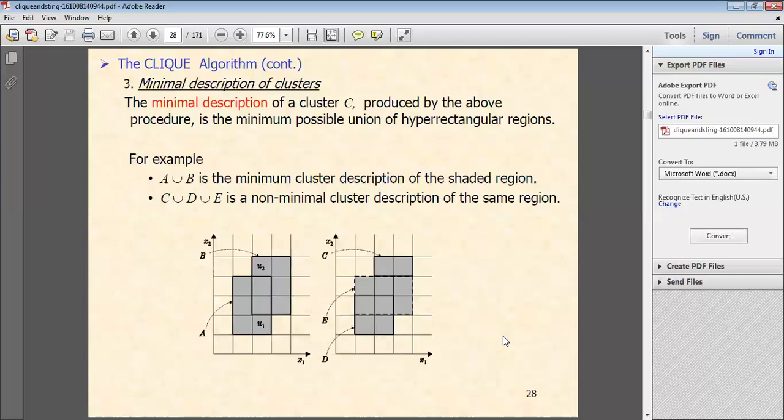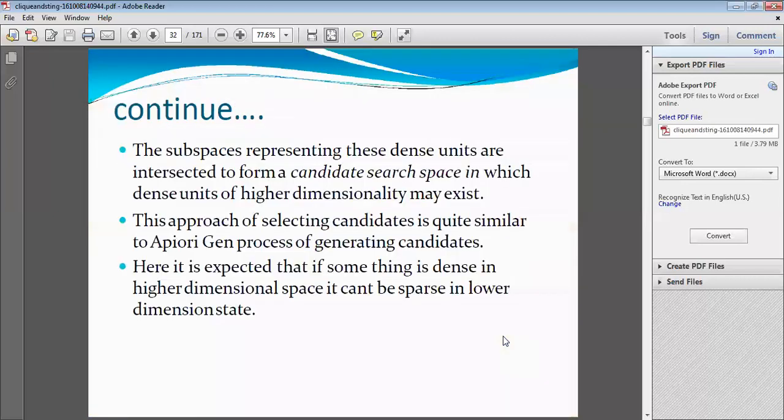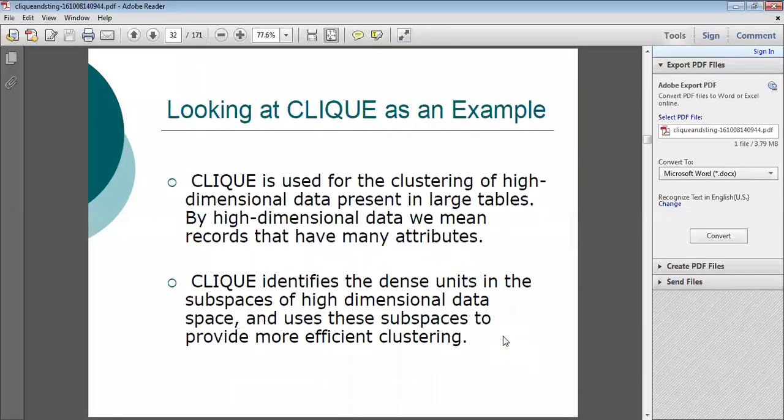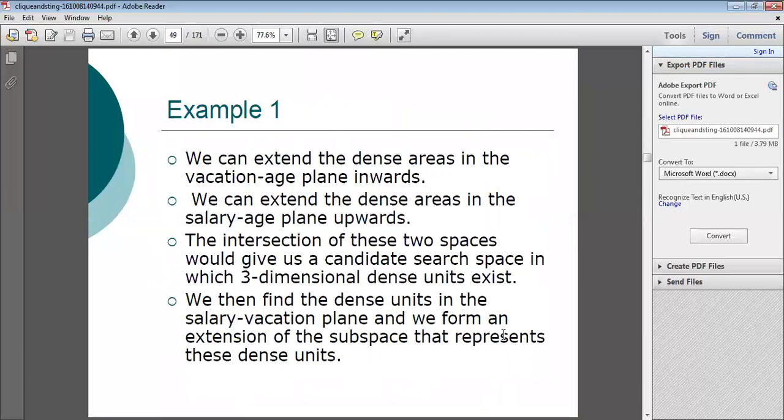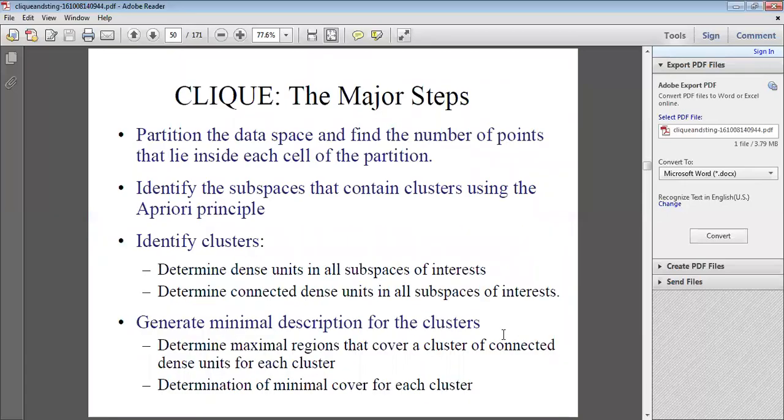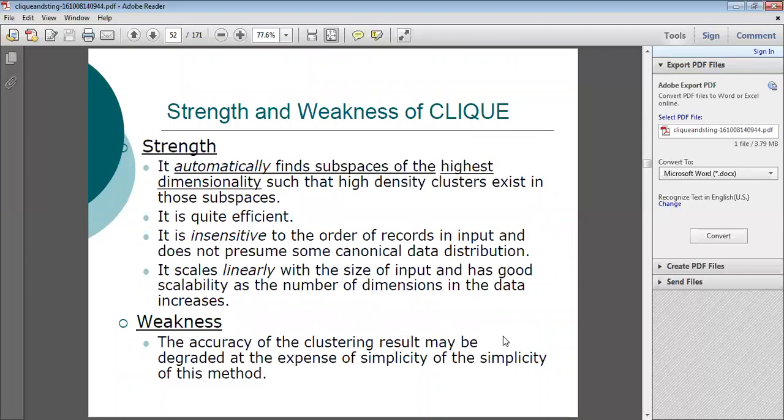So on the basis of this, I am going to take you to the next slide: the strengths and weaknesses of the CLIQUE algorithm. First of its strengths, it automatically finds the subspace of the highest dimensionality such that high density data clusters exist in those spaces.